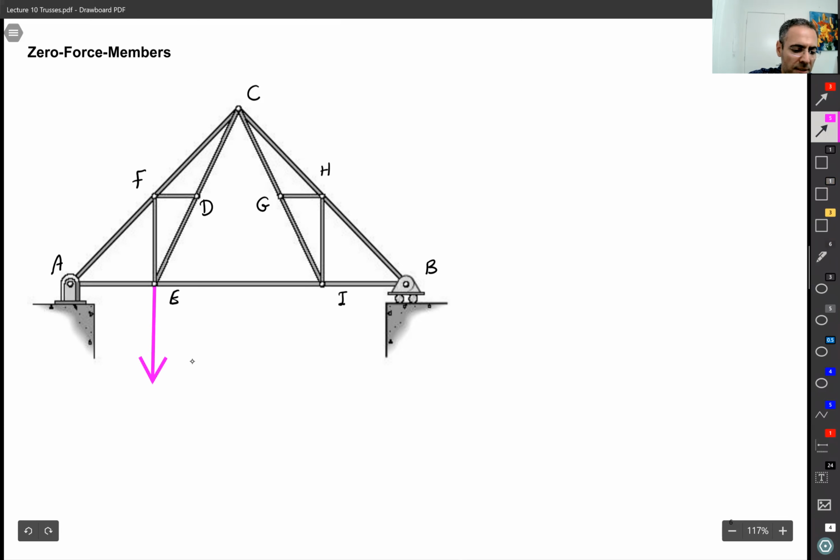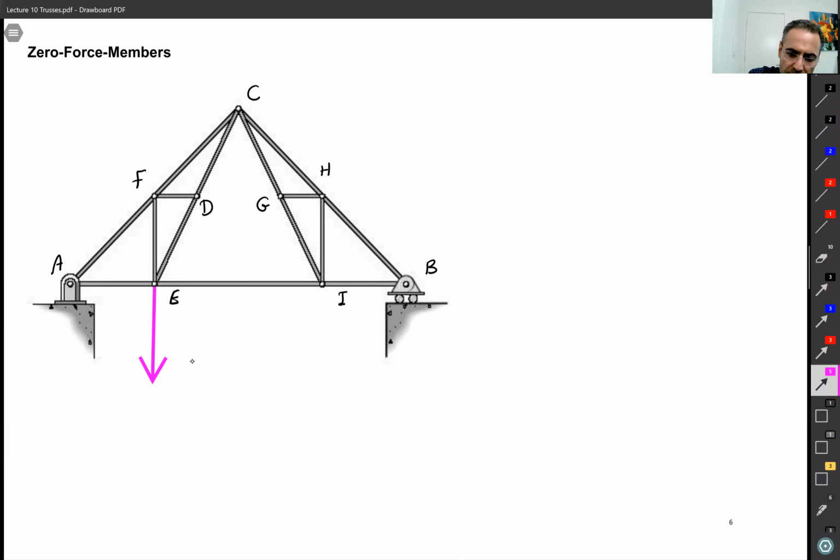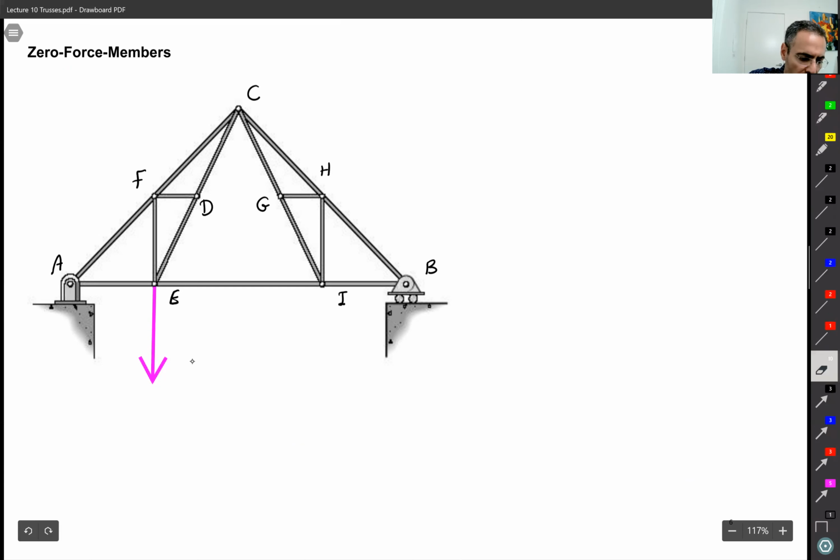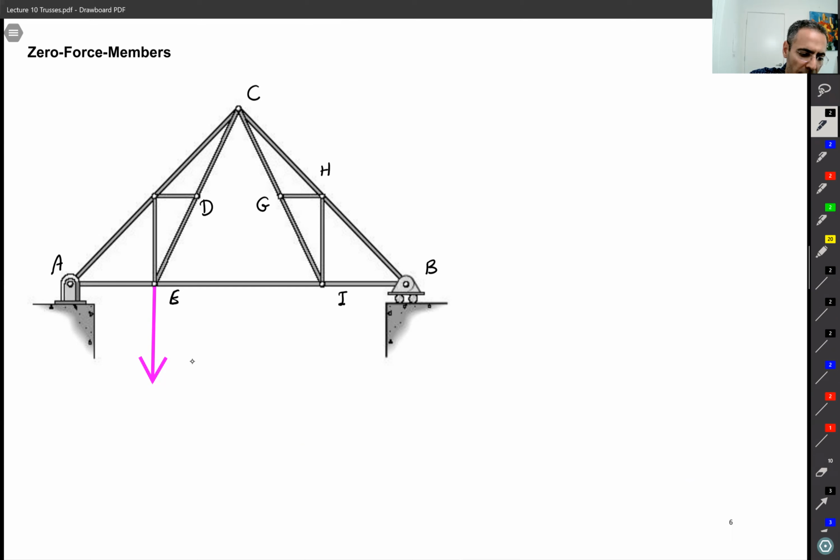Okay, let's say we have an external load here, whatever the number is. Maybe you have another load over there. Let me do it correctly. In a moment you'll realize why I don't want these things to be in the way. So this is F.